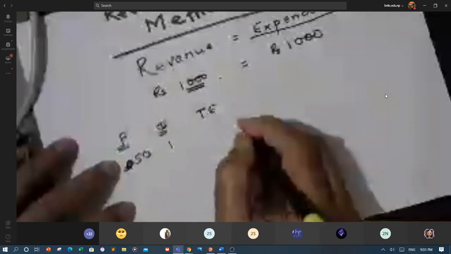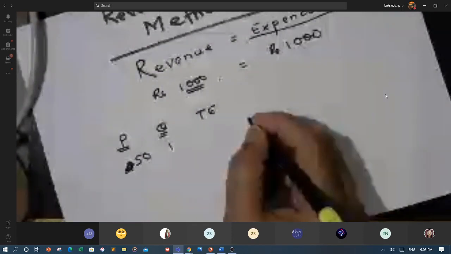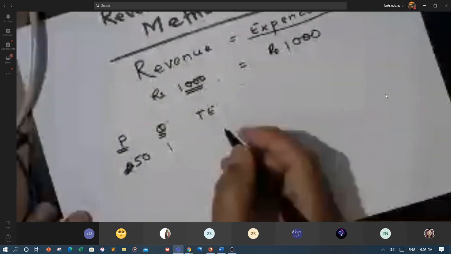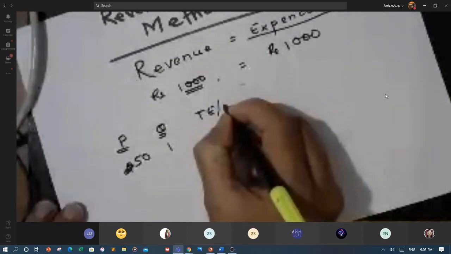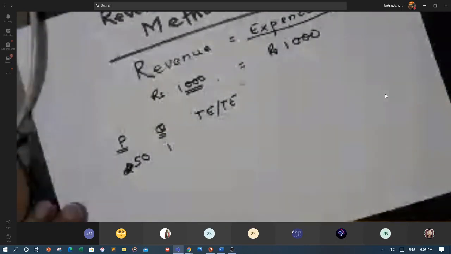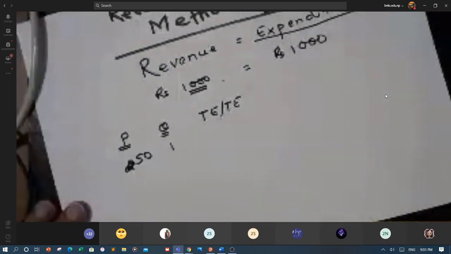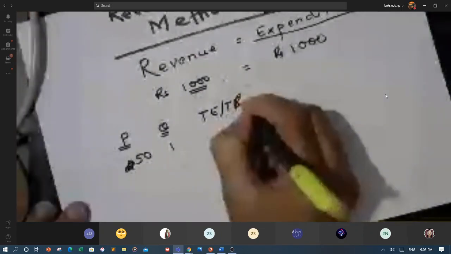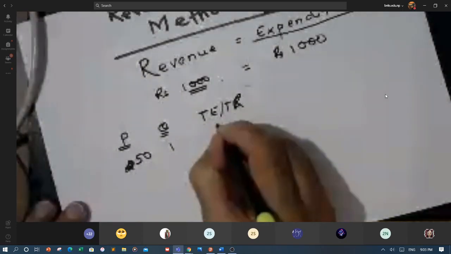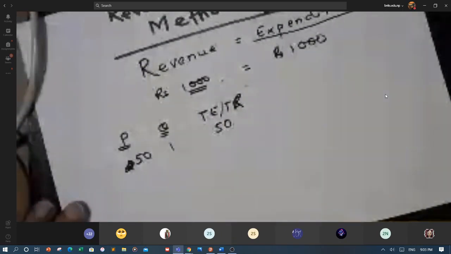Quantity demanded 1. If the price of a good is 50, quantity demanded is 1, what will be the total revenue or total expenditure? The price of a copy is rupees 50 and you are purchasing one copy. Your total expenditure will be 50 rupees and the revenue of Kamana Books will be 50. So it is 50 for both.